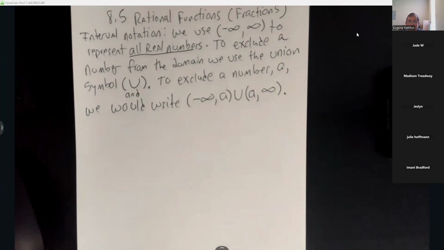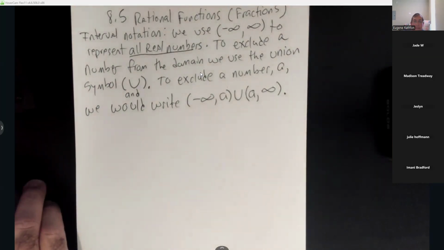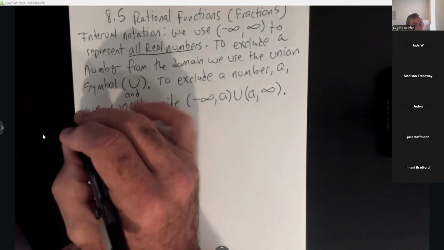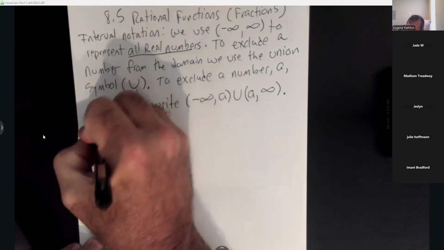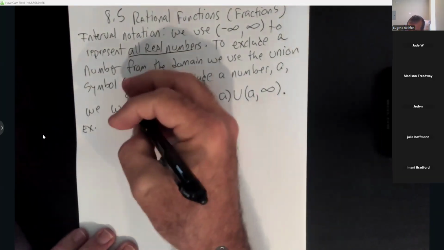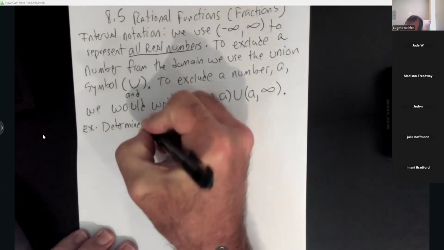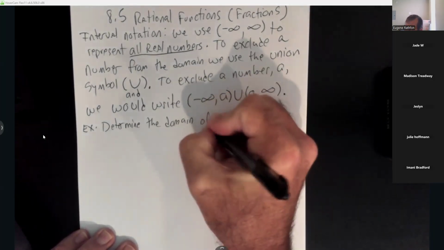So y'all, does that make sense? So let me do some examples, and watch these examples, and I think this will explain it for you. So we're going to determine the domain of the function.